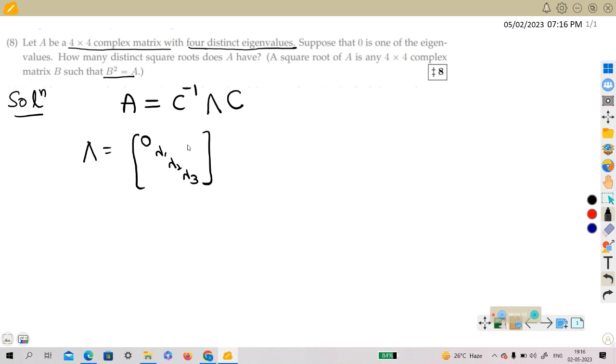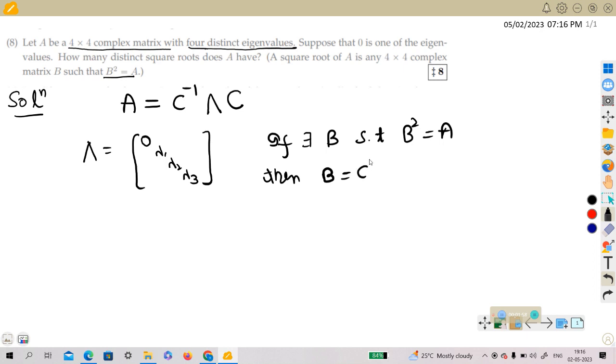Now first I claim that every square root of A, that is, if there exists a B such that B square is equal to A, then B is of the form C inverse gamma to the 1 by 2 C. This is what I am going to claim.